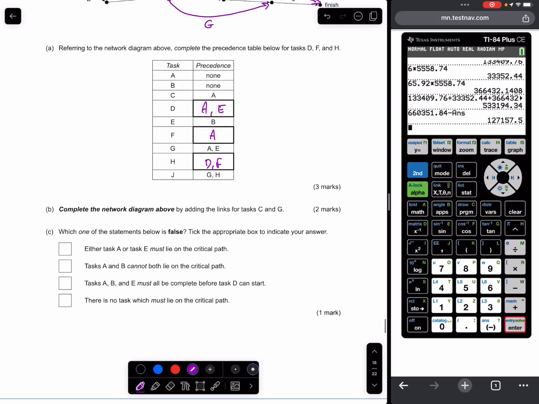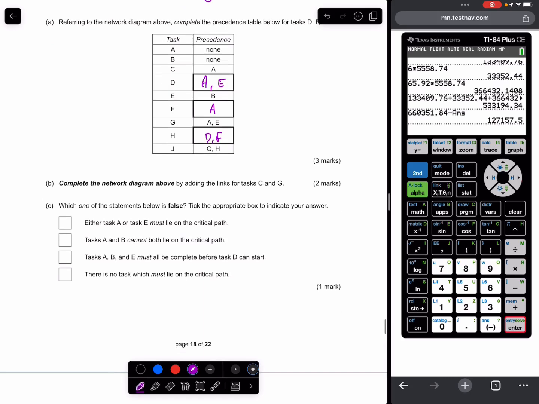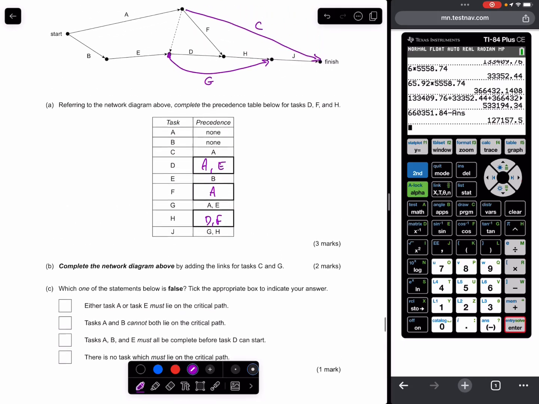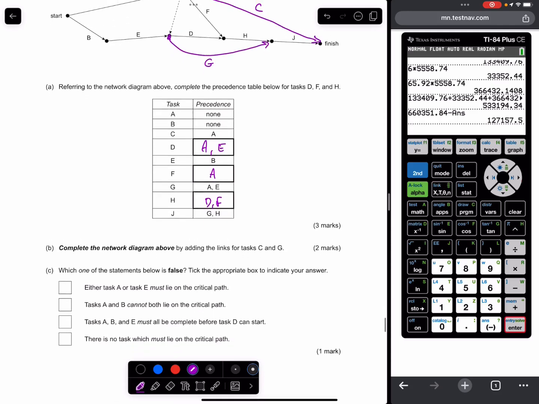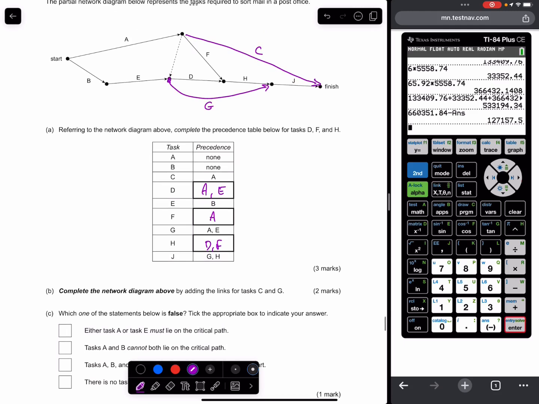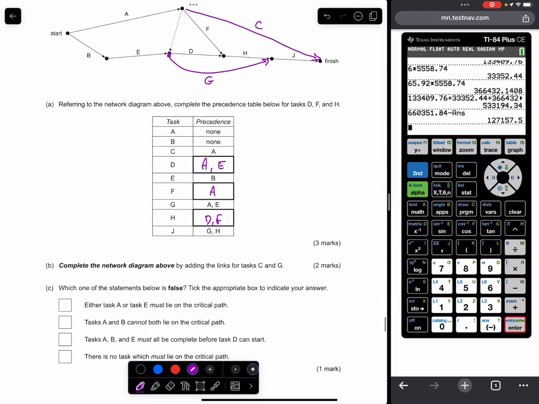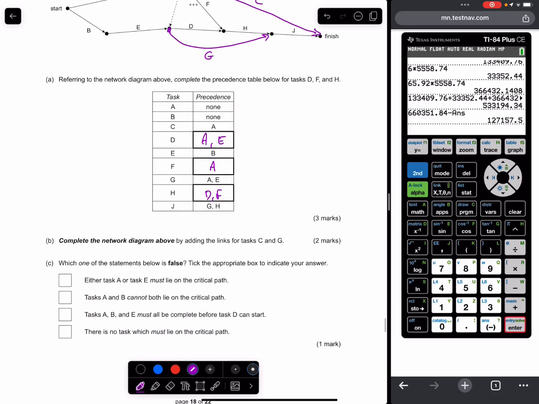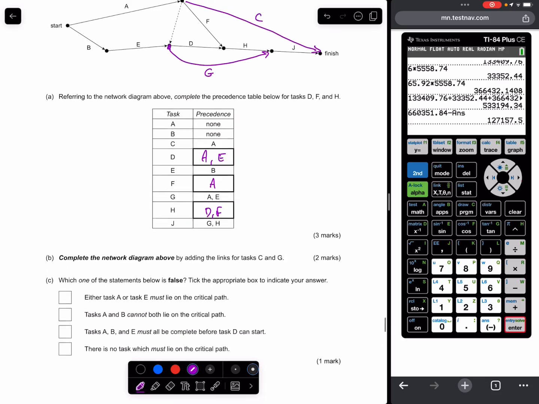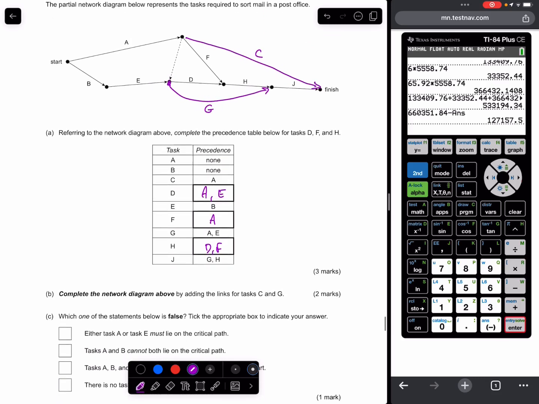Which one of the statements below is false? Tick the appropriate box. We need false. Either task A or task E must lie in the critical path. Well, they form one of the 2 branches. So that's true. Task A and B cannot both lie on the critical path.